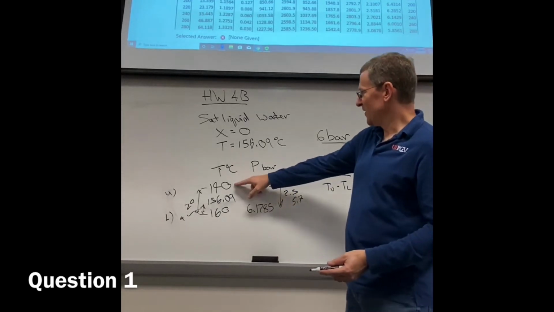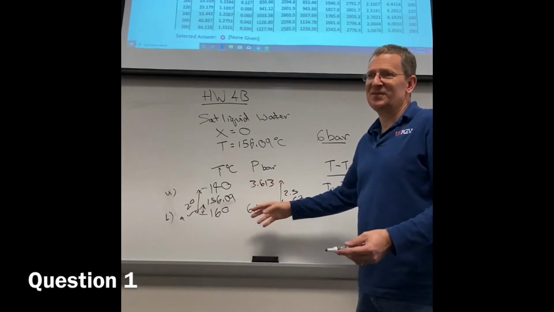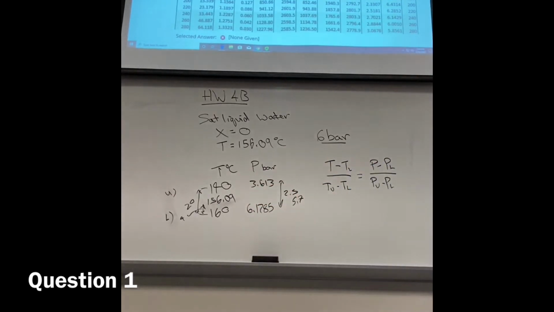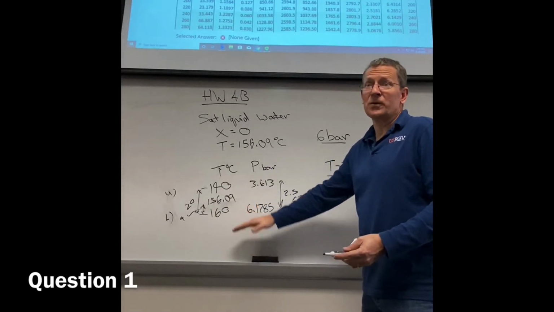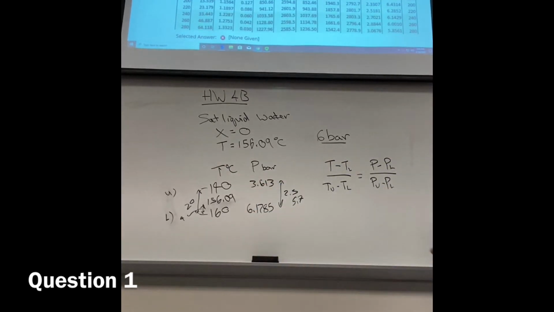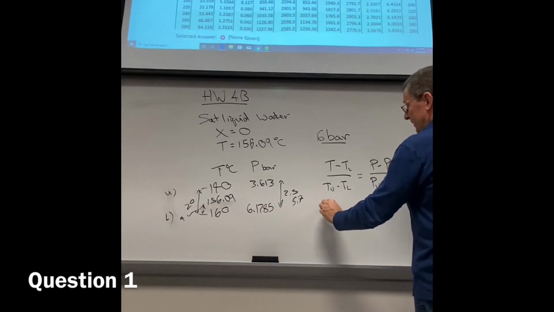So here the temperature's going up. If you have a variable where this is going down, if you take the larger minus the smaller, you don't want to think that way. Just think of the upper row and the lower row, or the top row and the bottom row, or row 1 and row 2, either way. So then I figure out, well, what are my knowns? My knowns, 156.09.